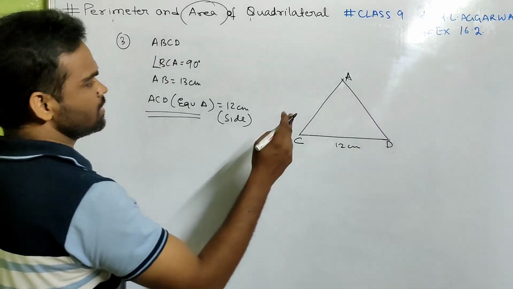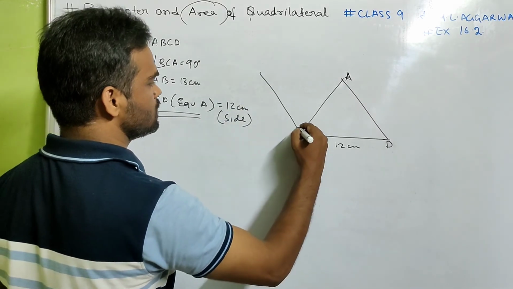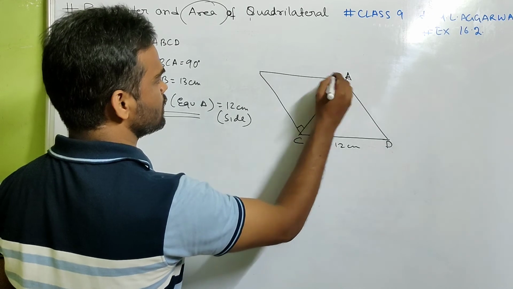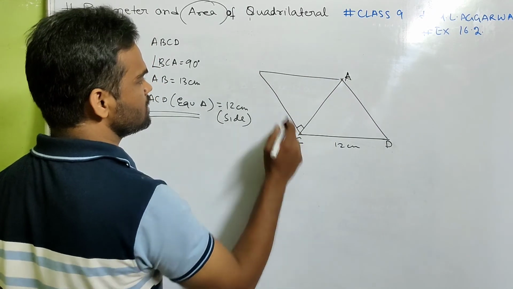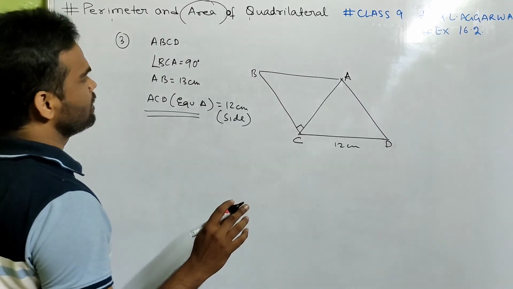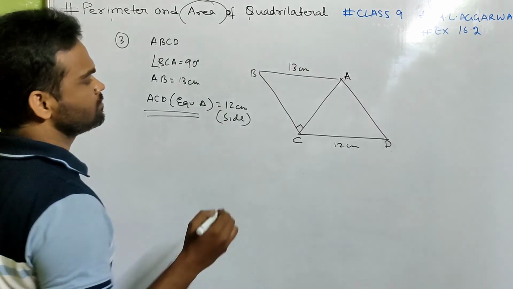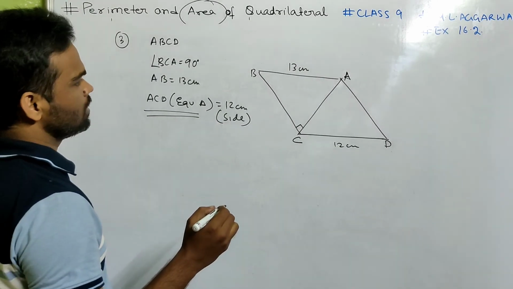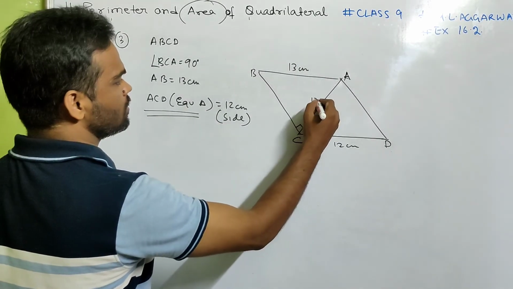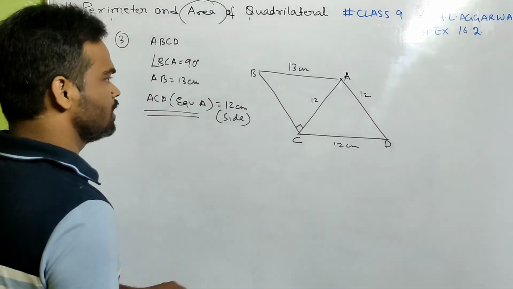Angle BCA, so put B over here. BCA is 90 degrees. AB is 13 centimeter. This is an equilateral triangle, 12, 12. Very easy.